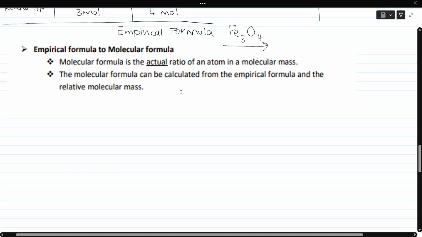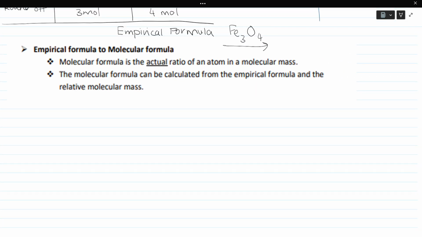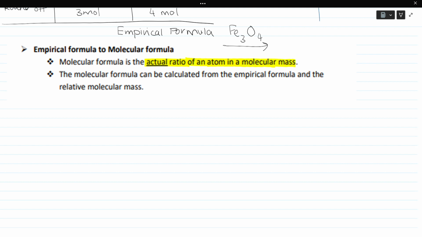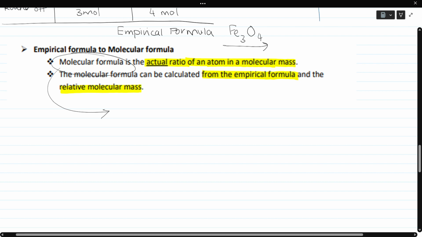So if we were to define what molecular formula is, it is simply the actual ratio of the atoms in the molecular mass. The molecular formula can be calculated from the empirical formula and the relative molecular mass. So we'll talk about all of this, but basically, if you want to calculate your molecular formula, you need your empirical formula.